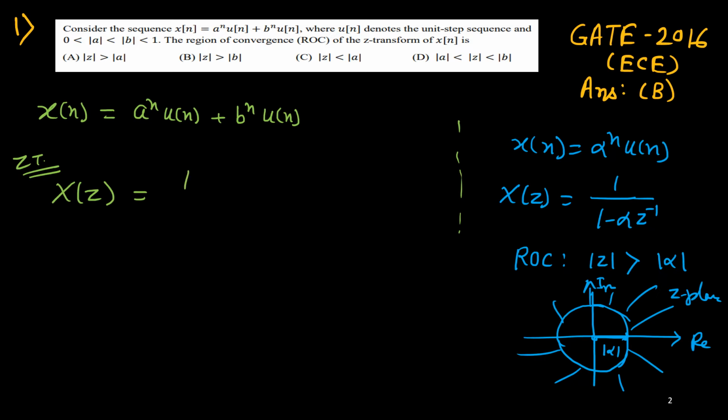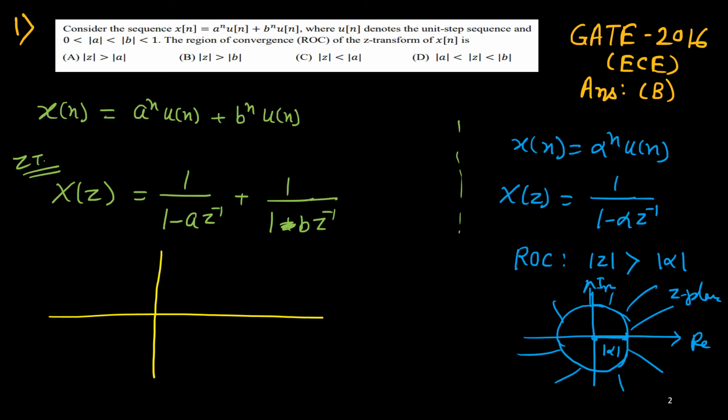So here you will find that it is 1 upon 1 minus a z to the power minus 1, and for this one it will become 1 by 1 minus b z to the power minus 1, and then the ROC. It is given that 0 less than mod A less than mod B less than 1.